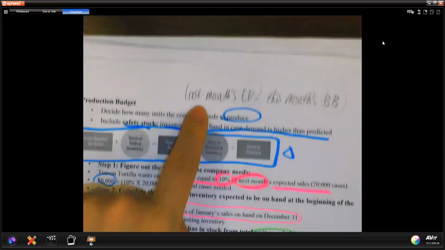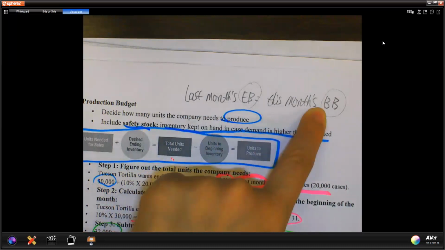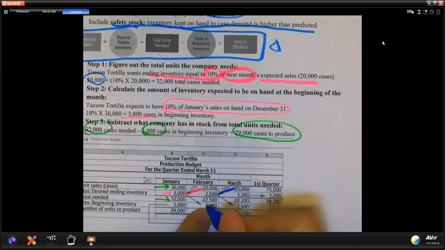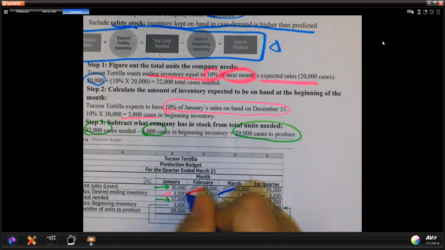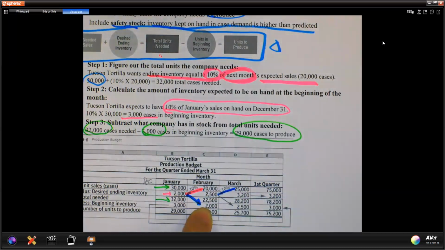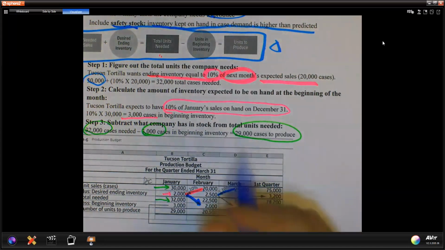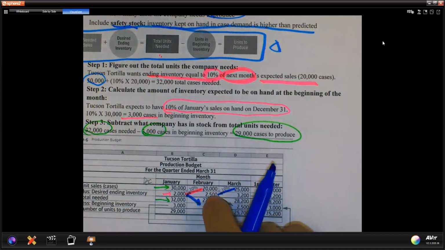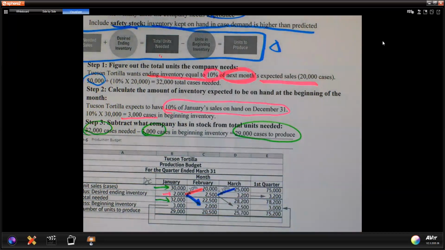So last month's ending inventory is this month's beginning inventory, which is 2,000. So our total production will be what we sell plus our ending inventory, that's the units we need, minus beginning inventory, and that will be the units we will produce.